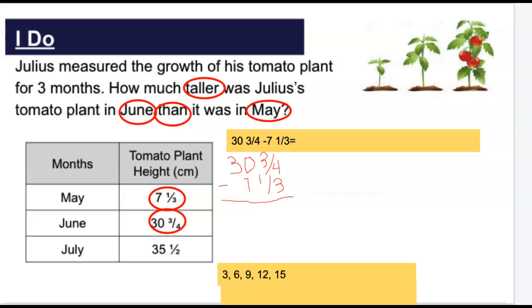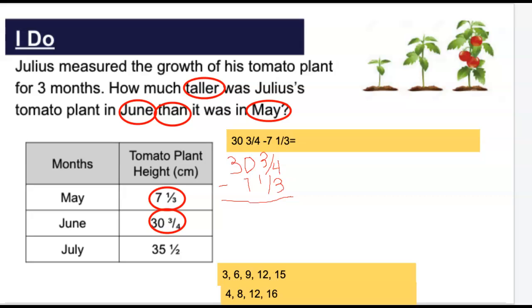My multiples of 4 are 4, 8, 12, 16. I recognize that they both have the same number 12. So I'm going to use 12 as my least common multiple.